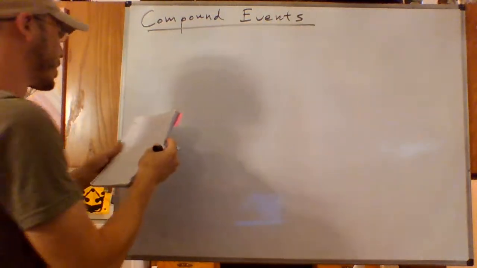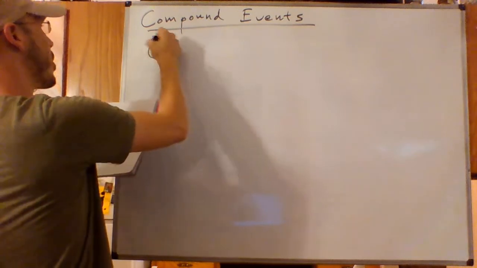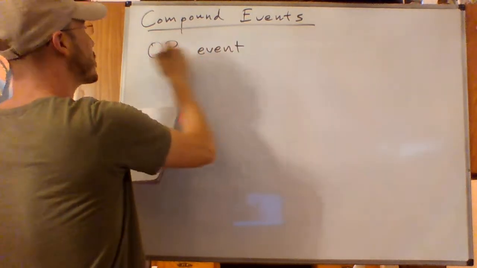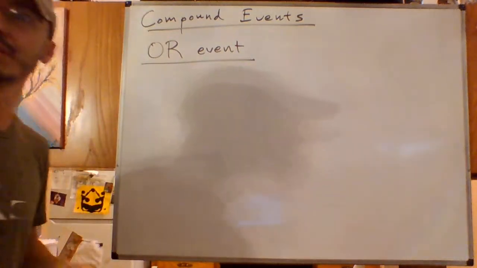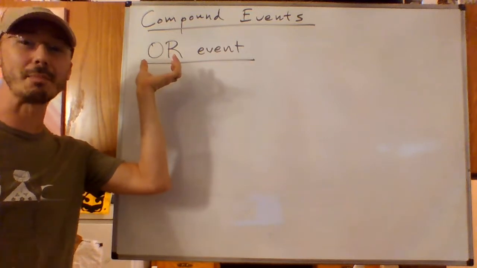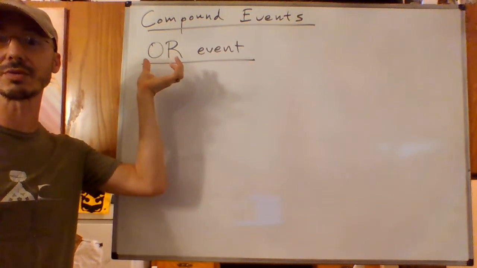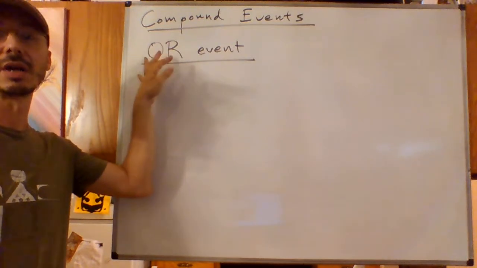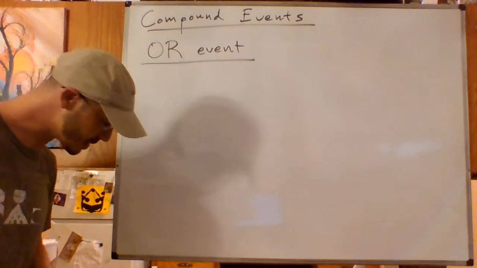And we'll start with the OR event. And I'm going to use the notation that the book uses, which is to use the capital word OR. There is a mathematical logic symbol that's often used for this called the union symbol, but I'm going to stick with this because it's what the book uses.